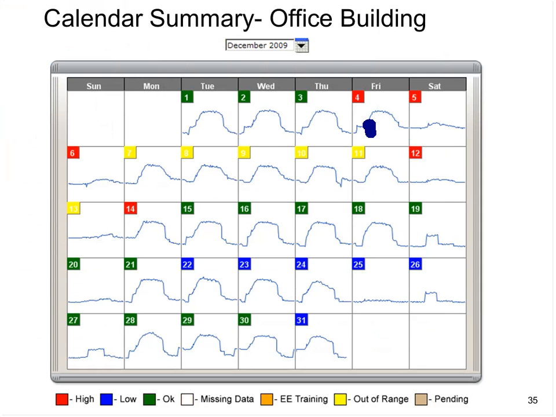But you're also wondering, okay, what's with the yellow indicators, meaning out of range? These temperatures were not typical temperatures for this time of year. These will raise yellow flags, just so you know that these temperatures are outliers and not normal, so it wouldn't know how to give you a low, high, or okay definition.